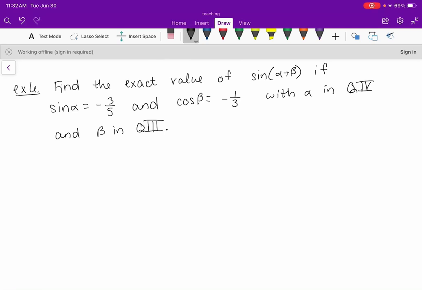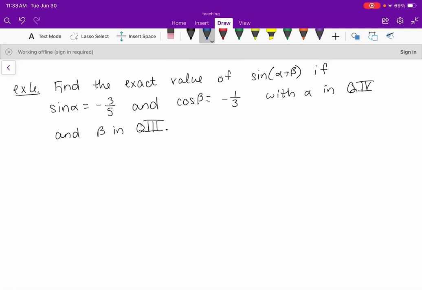This is a little different of an example. We're still finding exact values, so you're probably going to have some square roots at the end of this. Not guaranteed, but it's really often. The interesting thing about this one is it doesn't actually give you any actual angles to work with.